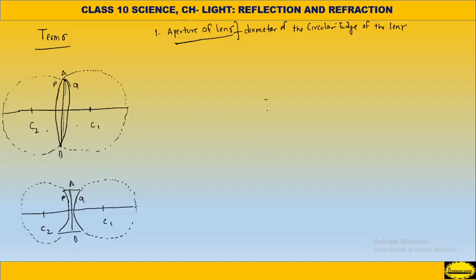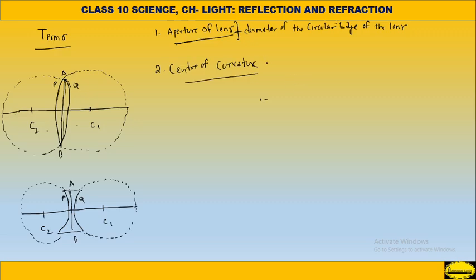The second term is center of curvature of lens.